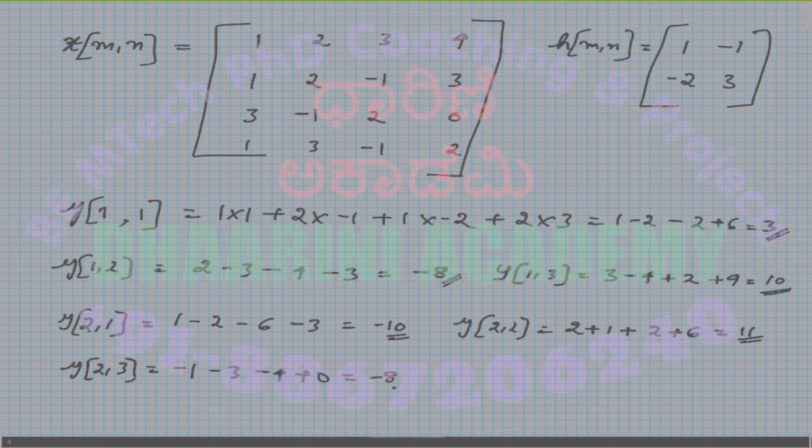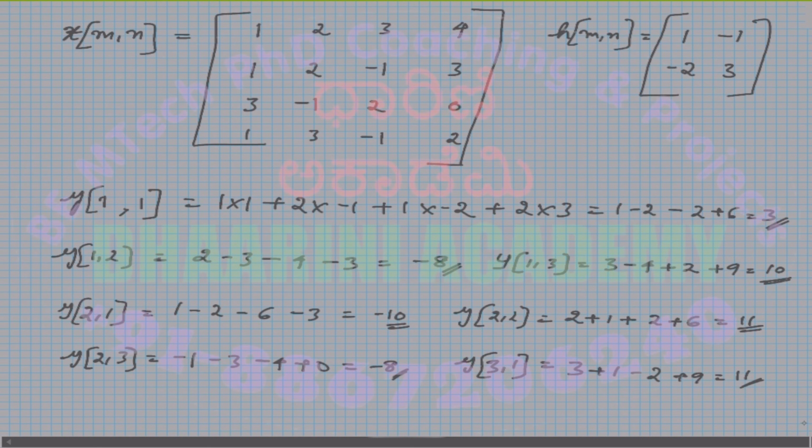That is minus 8 I guess. Y of 2 comma 3, then move down to 3 comma 1. So that is 3 plus 1 minus 2 plus 9. 11 I guess. Just verify.